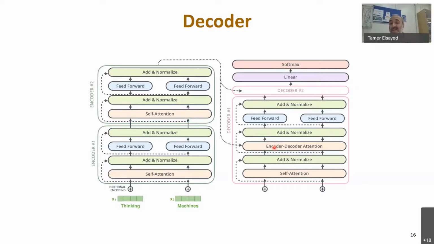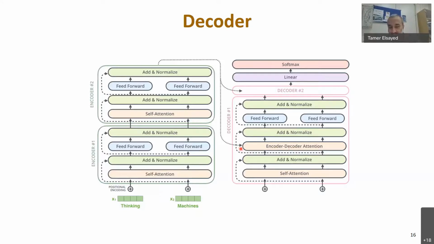Now we extend this idea to get relationships between the words in the input sequence and the words of the output sequence. That's what we call encoder-decoder attention.